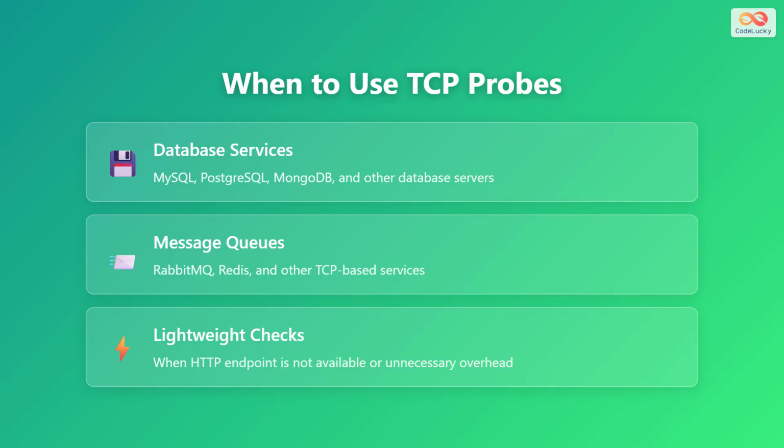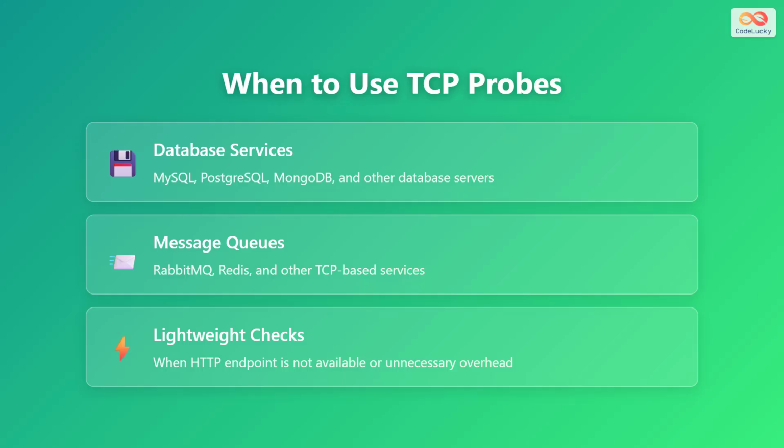TCP probes are the right choice for several specific use cases. First, they're ideal for database services like MySQL, PostgreSQL, and MongoDB, where you simply need to verify that the database port is accessible. Second, TCP probes work excellently with message queues such as RabbitMQ and Redis, or any other TCP-based services that don't naturally expose HTTP endpoints.